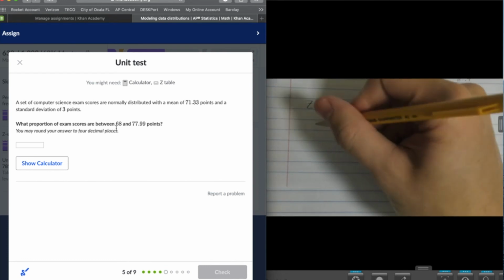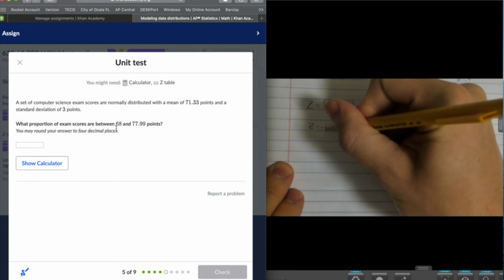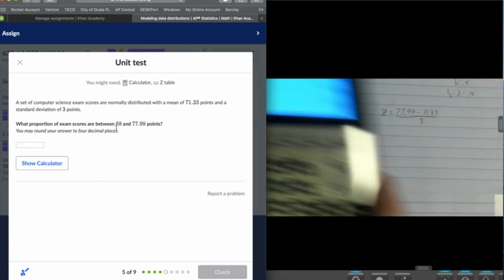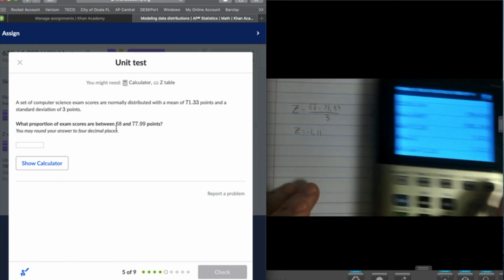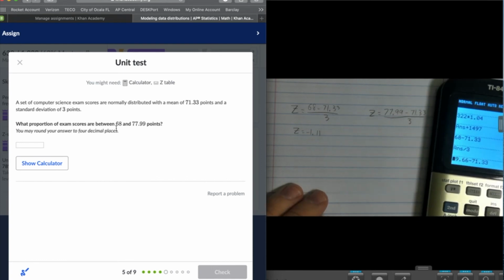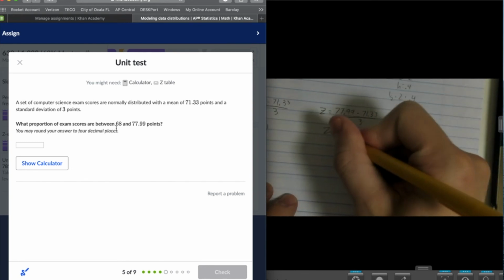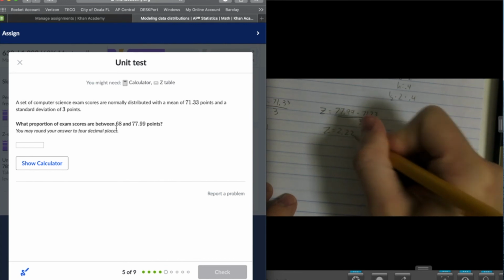So the lower z-score is negative 1.11, and the larger z-score, what was it? It was 77.99. And then that divided by 3, we get z equals 2.22.